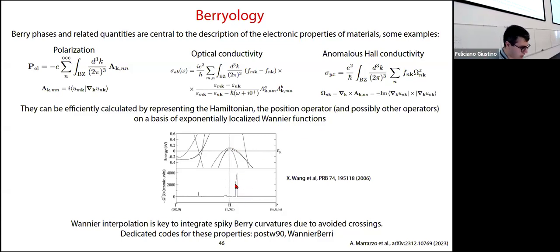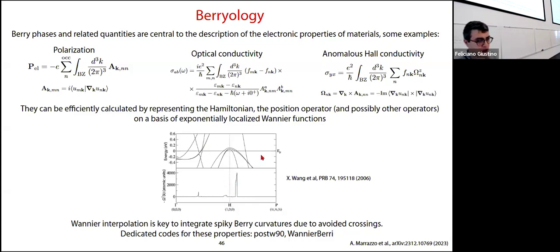This would be almost impossible to sample correctly if you were to do direct calculations. So in this sense, Wannier functions enable you to interpolate this on extra dense grids and calculate accurately the integral of these very discontinuous quantities in reciprocal space.